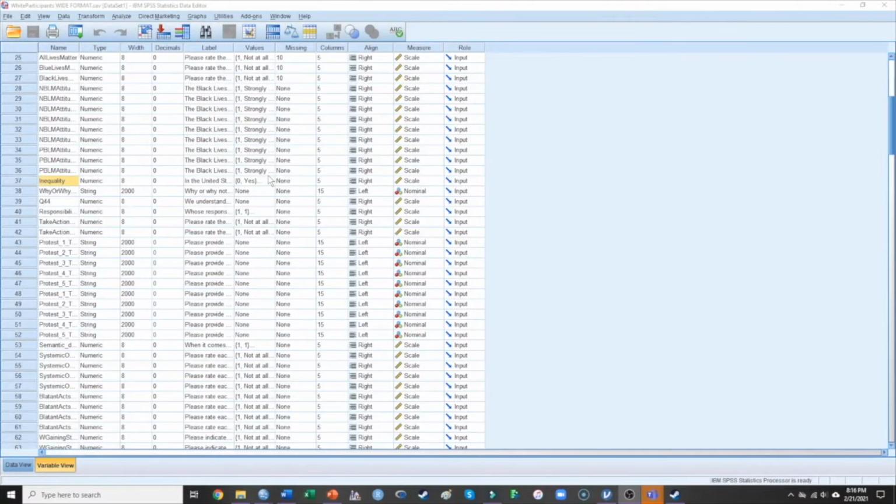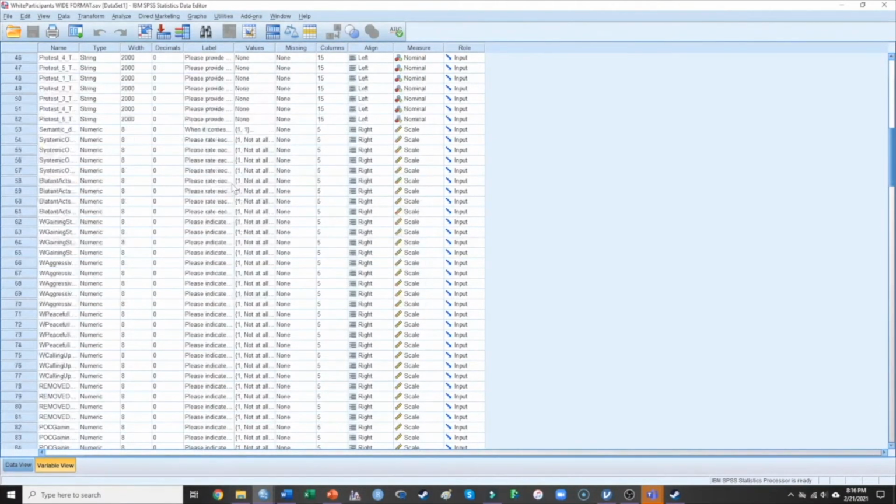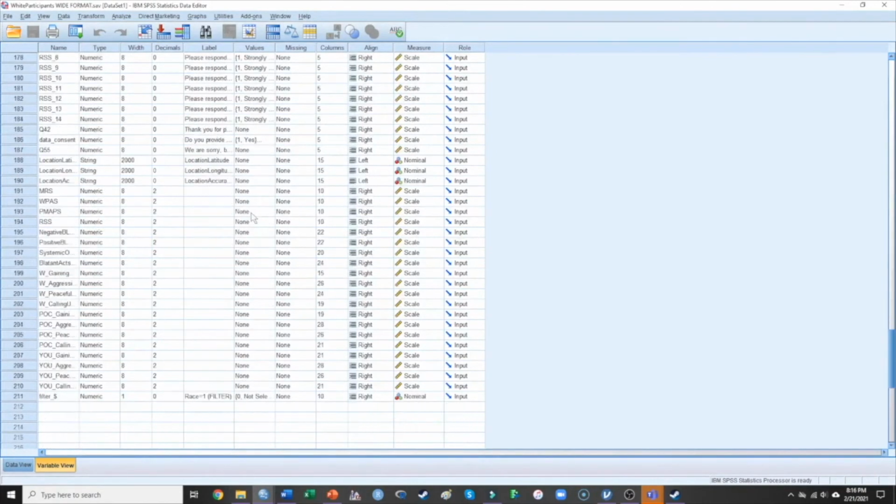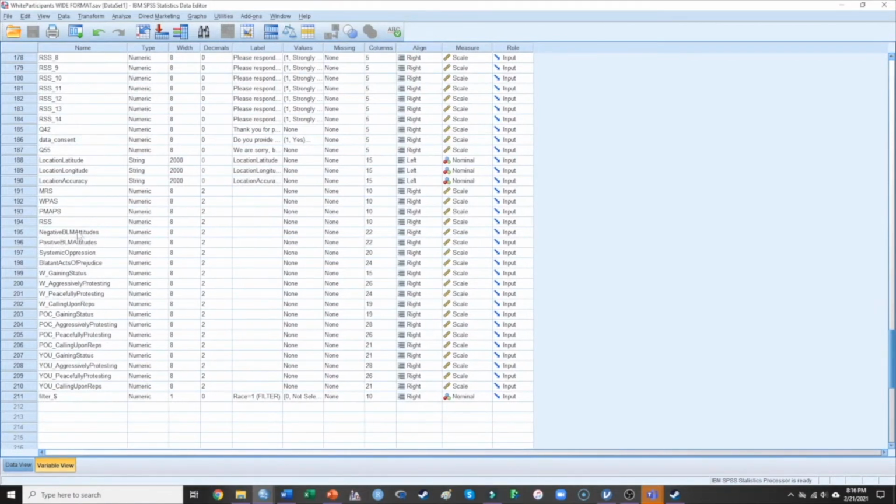Yes or no. And then we also examined their perceptions of the Black Lives Matter movement, and that's these variables down here. We examine negative and positive attitudes toward Black Lives Matter.